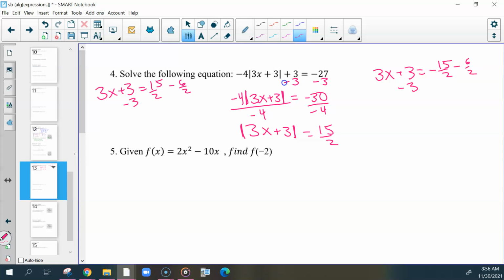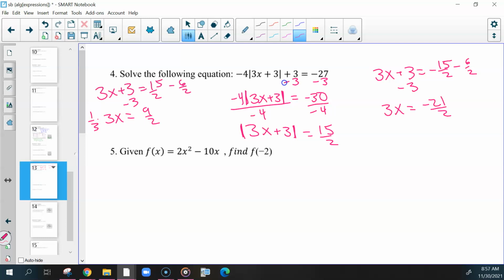And convert it into a fraction so that way it would be easier to combine them. And then we would divide both sides by 3, but because we already have fractions, instead of doing that, I'm going to multiply both sides by 1 over 3.